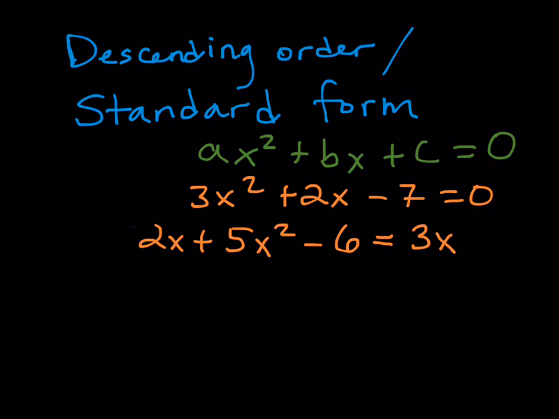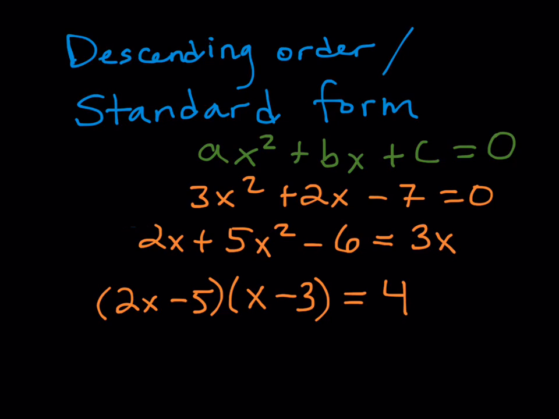All right. So some of the homework questions, you may be given things in factored form, like 2x minus 5 times x minus 3 equals 4. Well, how do you get that in standard form? Basically, you want to do all of the multiplication, and then move everything over to the left to set it equal to 0, and then make sure all of the exponents go in descending order.